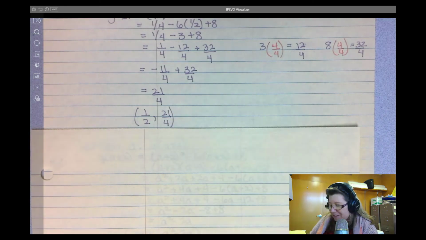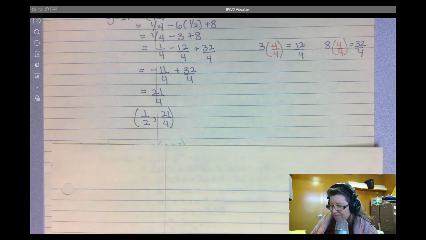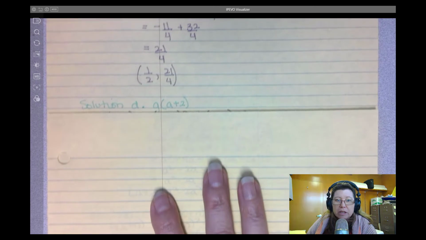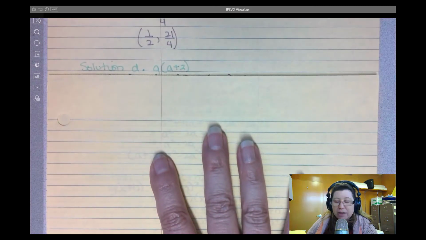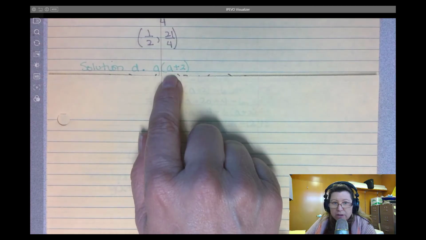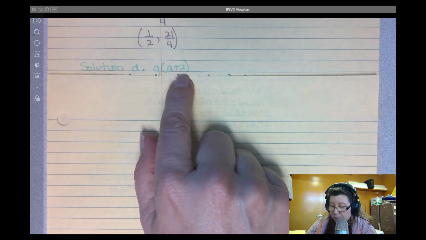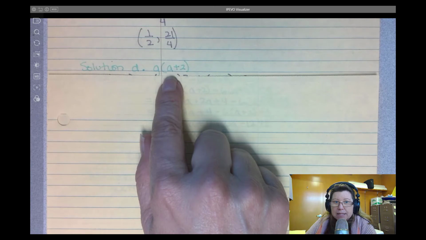Wow, say that one 5 times fast. All right, D, a little bit more complex. We're not only working with values here, we're working with letters as well, so variables. g of a plus 2. So wherever I see an x, I'm going to place an a plus 2.